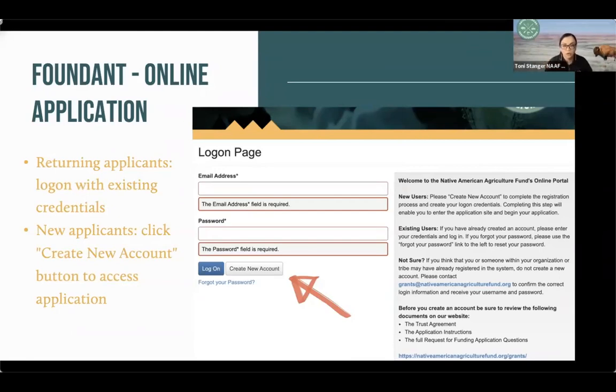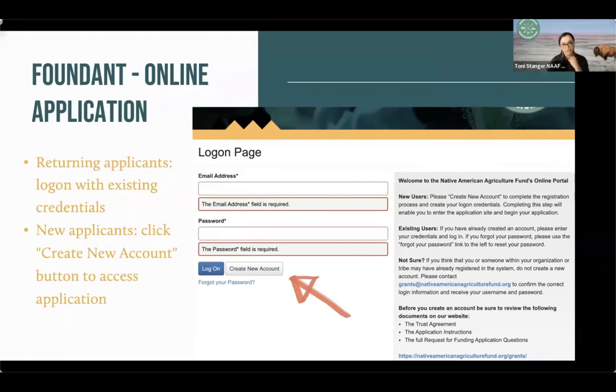If you are a new user and you go through this create your account process, the email that you use will then be your login information. So please make sure that you are the correct person that needs to be in here, but also make sure that you're going to have access to that email moving forward, because that's going to be your username.